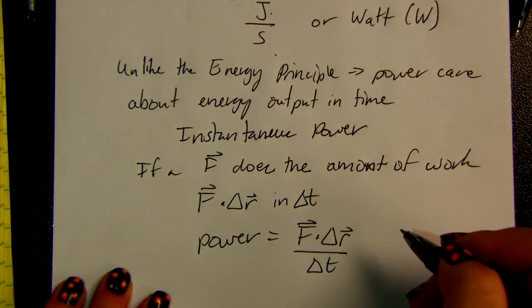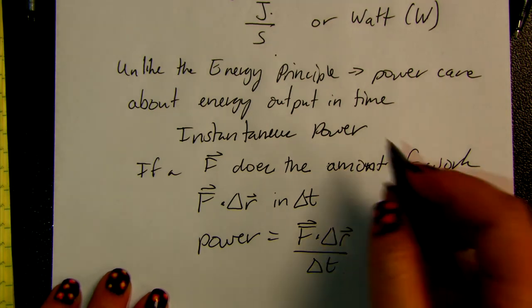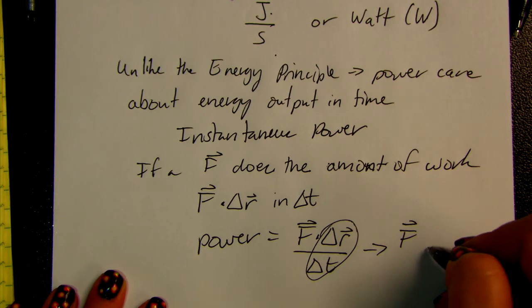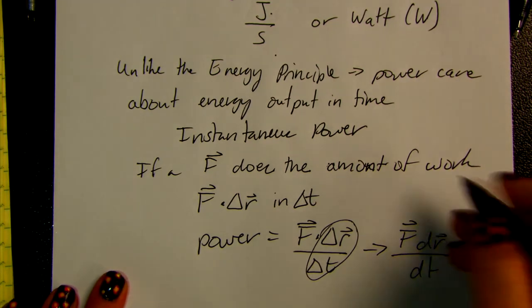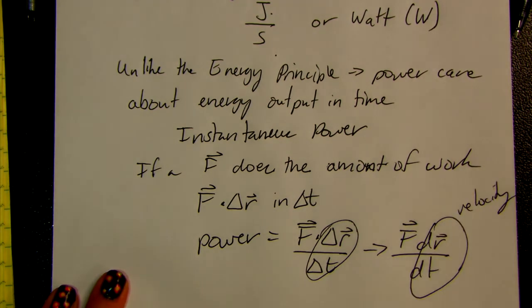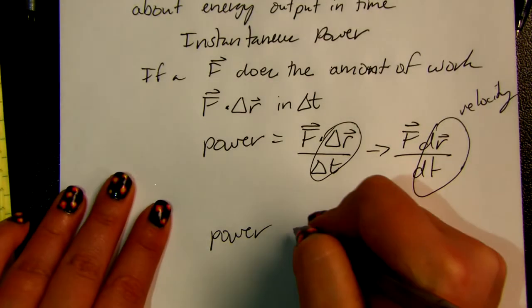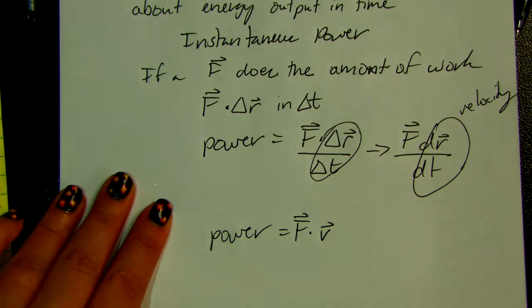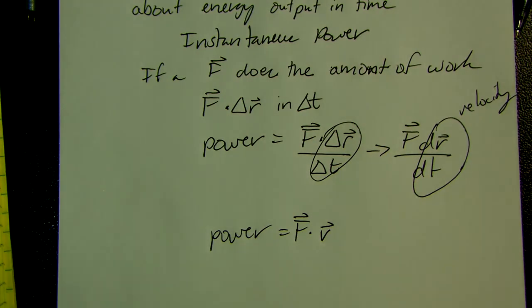Oh, wait, dr over dt, we've seen you before. Hello. You can also write this as F dot dr/dt, which is just velocity. So power is equal to force dotted with velocity. Pretty cool, huh? All right, so let's do an example.